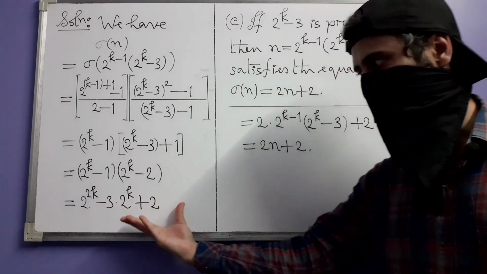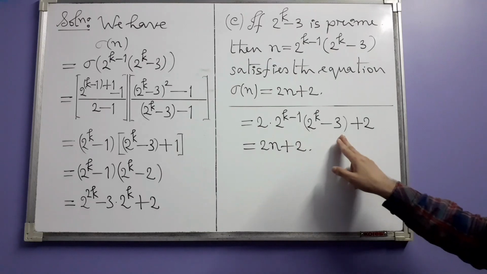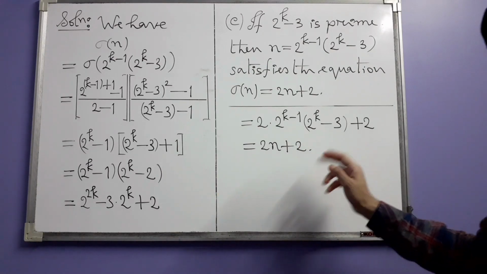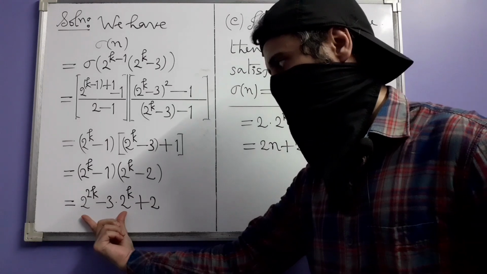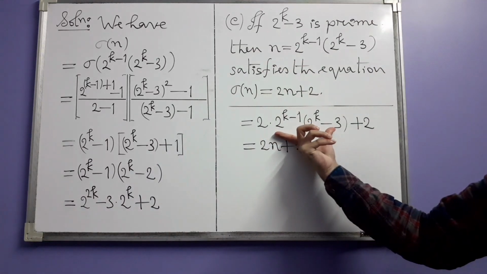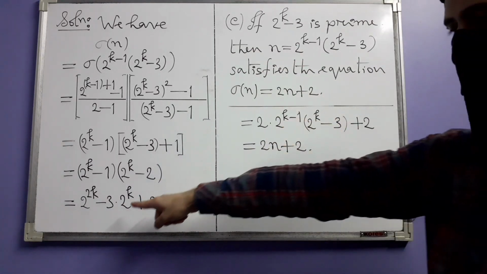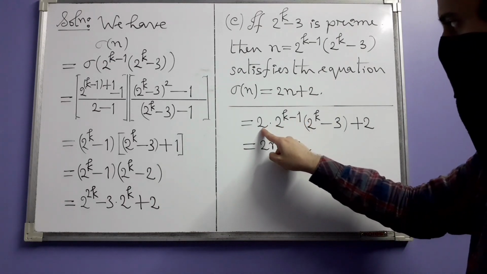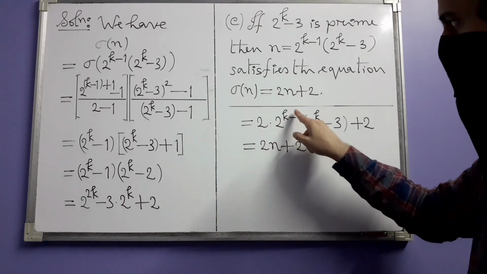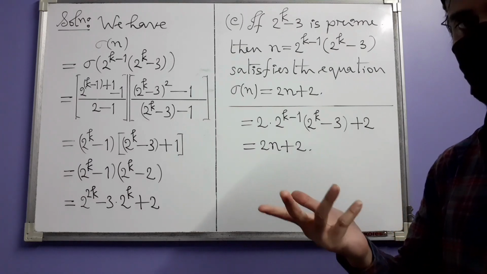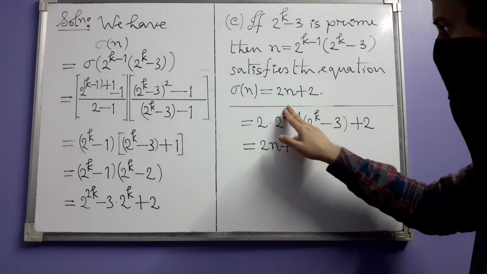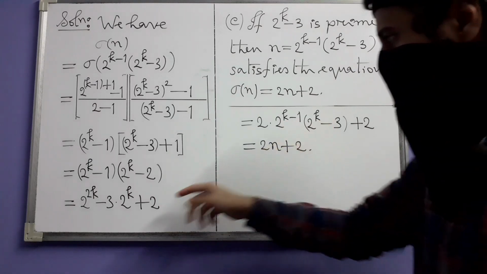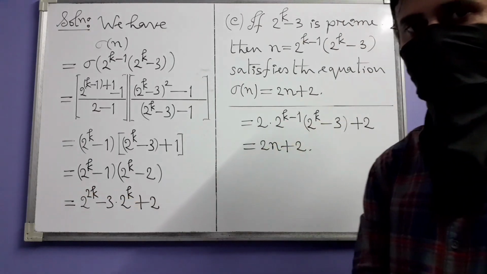Now you can write this number like this. Plus 2 you keep as it is separately, and in place of the first two terms you write this. Is it going to be equal to that? Let's see. If you do the multiplication, here you have 2 to the 1, and here you have 2 to the minus 1, so they cancel each other, and you are left with a 2 to the k and another 2 to the k. So together they really give you 2 to the 2k.